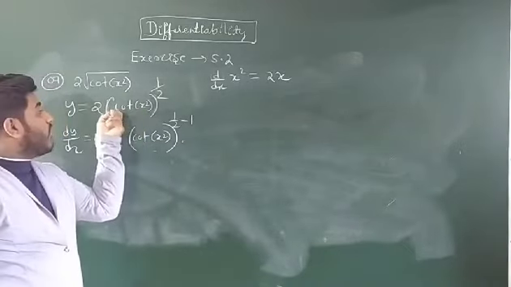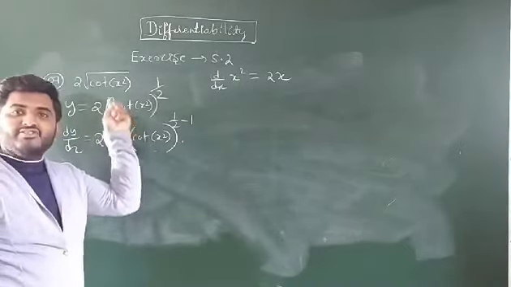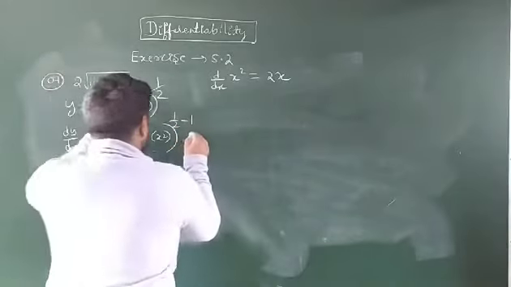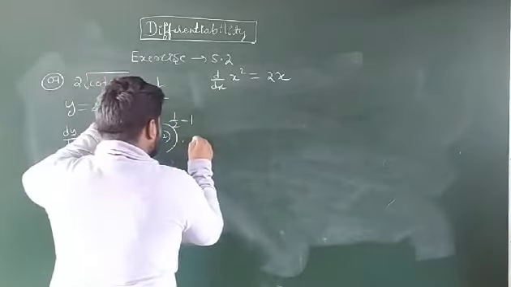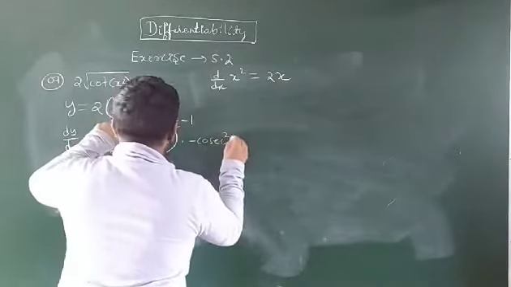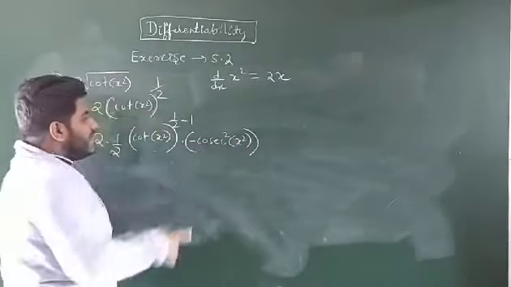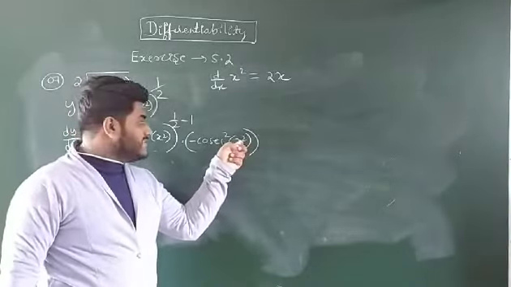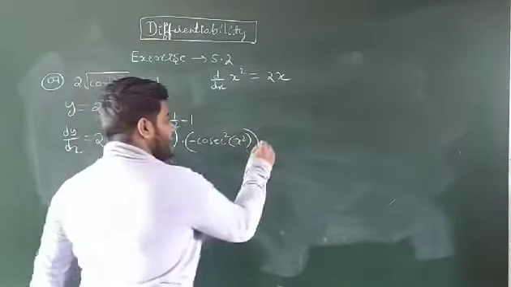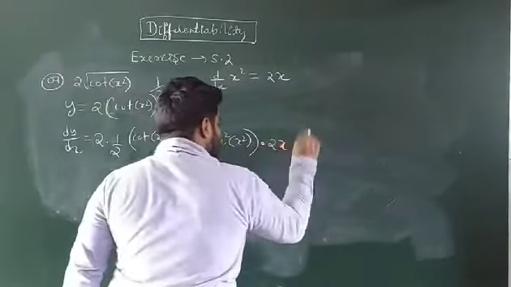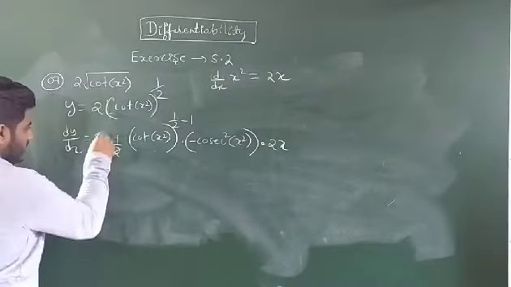But here it is cot x square, so again we have to take differentiation of cot x square, nothing but differentiation of cot x is minus cosec square x, where x is x square. Again, if it is x, it ends here, but it is x square, so again we have to take differentiation of x square, that is 2x. Next, 2 gets cancelled.